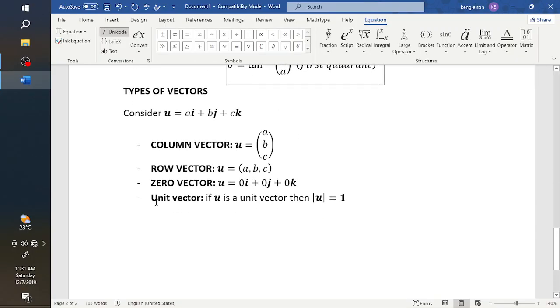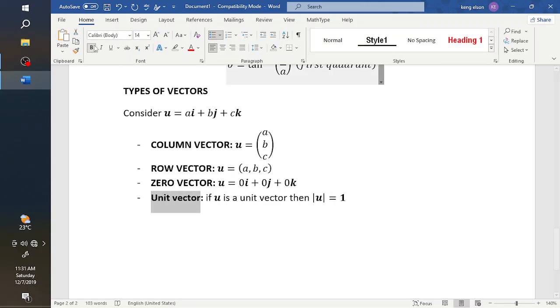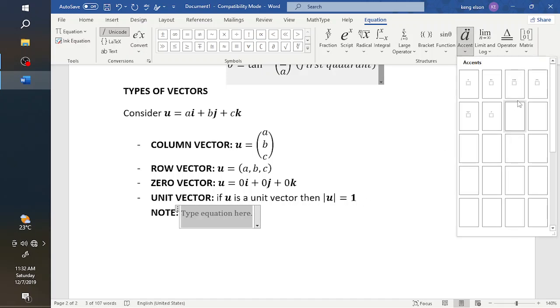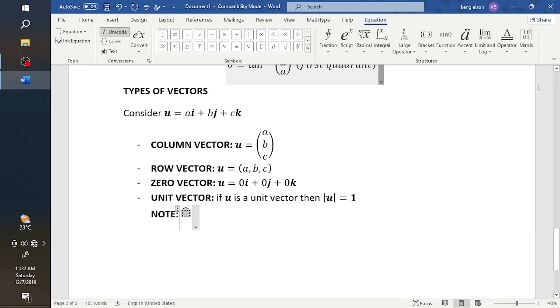Now, if your magnitude is equal to 1, then you have a unit vector. A unit vector is any vector whose magnitude is equal to 1. Let us note something under unit vectors. The unit vector of the vector u is equal to u cap. What we indicate is we write the vector with a cap on it.